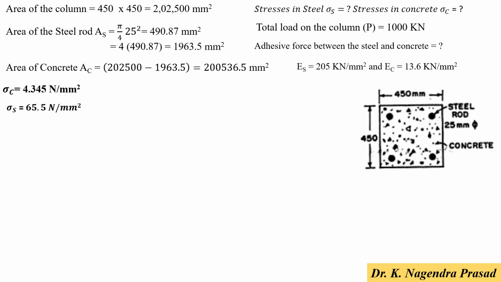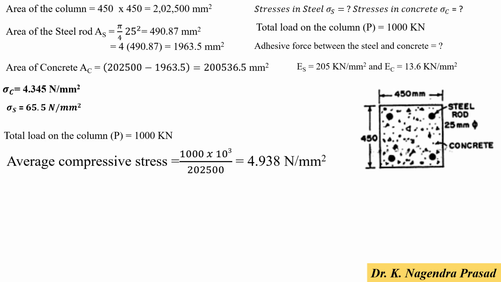Next we determine the adhesive force between the steel and concrete. For this, first we have to determine the average stress in the column. Here it is producing compressive stresses, so we consider the average compressive stress of the column, which is the total load applied on the column, 1000 kilonewtons, and the cross sectional area of the column is 200 to 500.